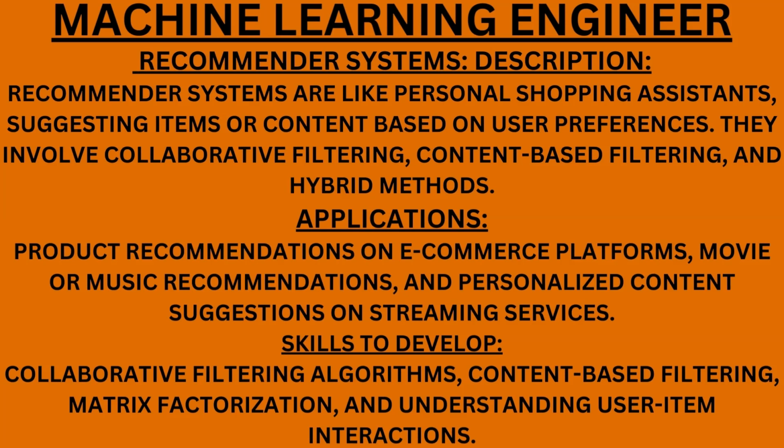Applications: product recommendations on e-commerce platforms, movie or music recommendations, and personalized content suggestions on streaming services. Skills to develop: collaborative filtering algorithms, content-based filtering, matrix factorization, and understanding user item interactions.